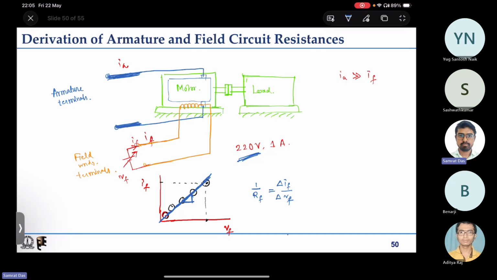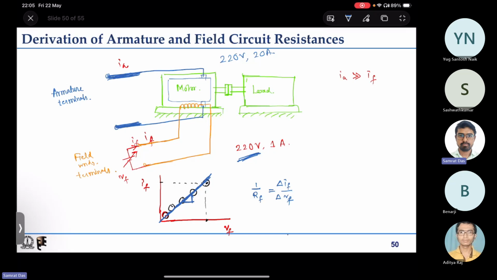Now let us come to the armature winding resistance. Say the armature winding rating reads like, say, 220 volt, 20 ampere, something like this. So 220 volt is the rated armature voltage that you are supposed to connect.